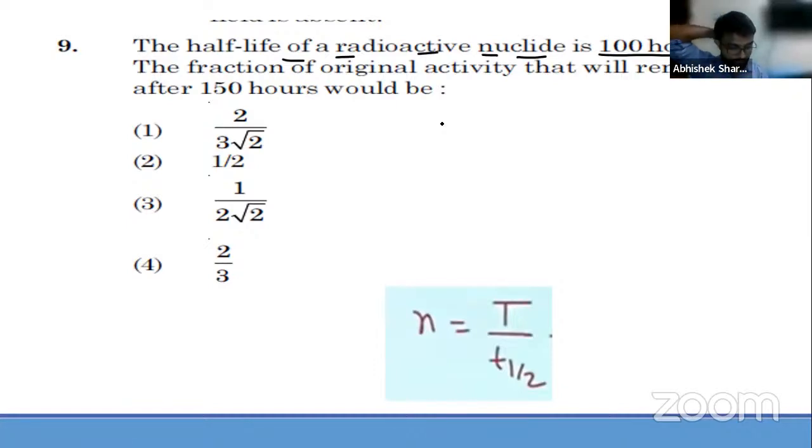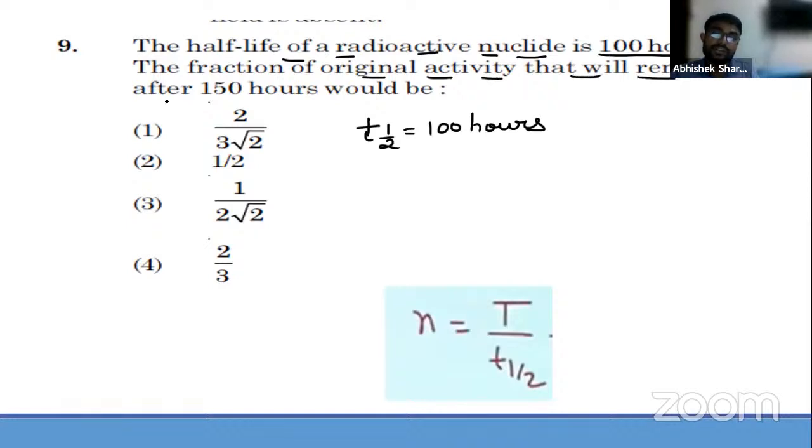These are all radioactive elements. So T half is given here as 100 hours. The fraction of the original activity that will remain after 150 hours will be how much?